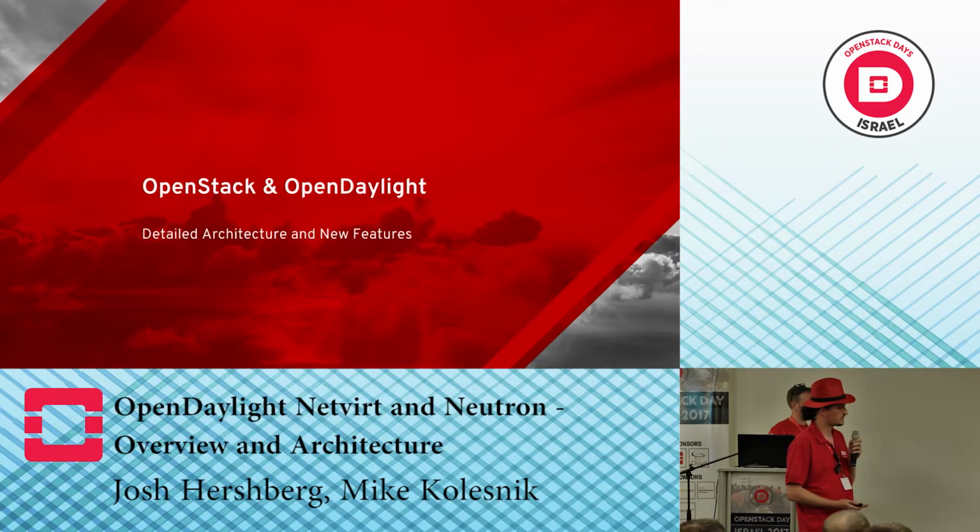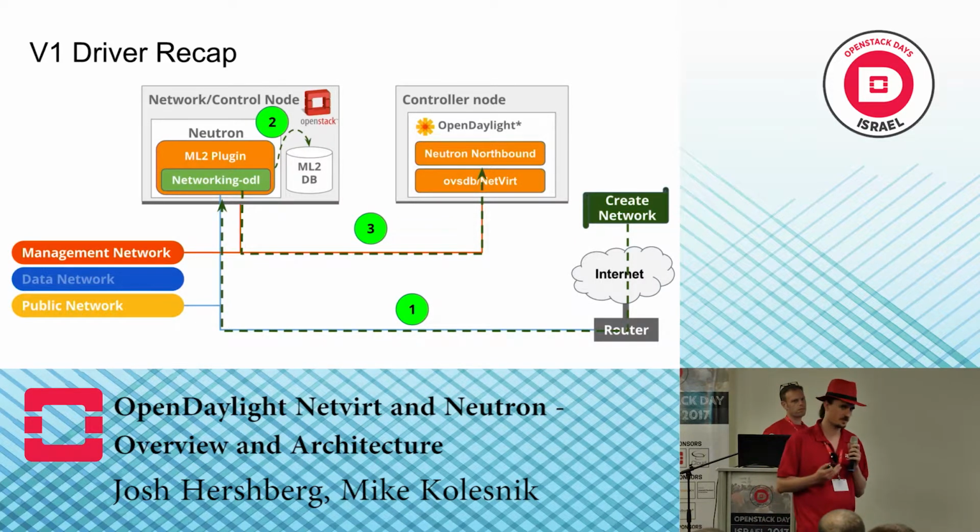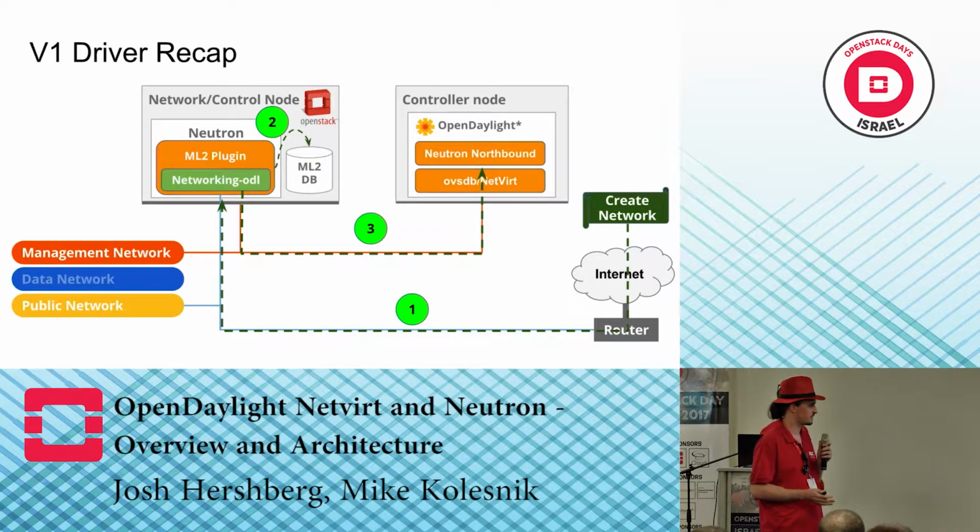Right, so let's talk about how this integration takes place. To understand the integration and its current state, you need to first understand what happened the first time we tried it. The first implementation was the V1 driver, as we call it, which was a naive implementation. Here is an example of how it worked. We have the create network request from the end user arriving through the internet at the control node, to Neutron.